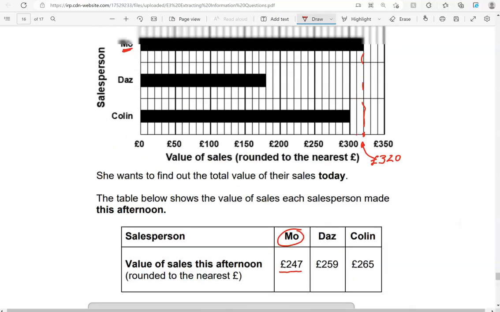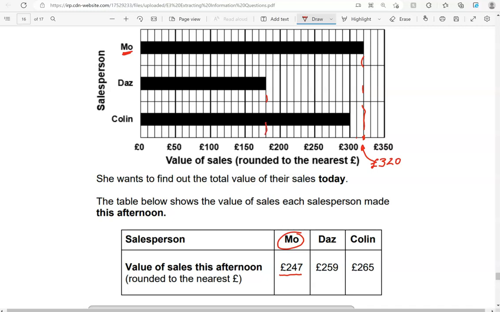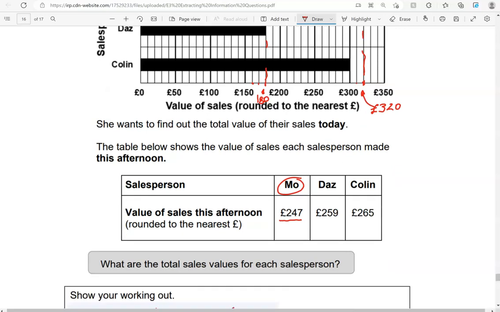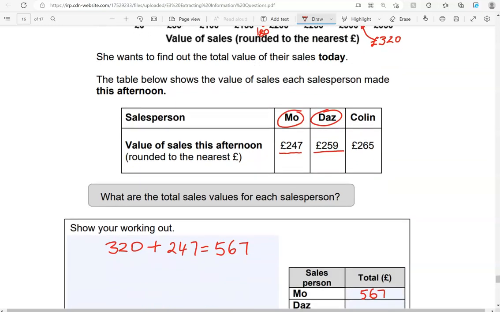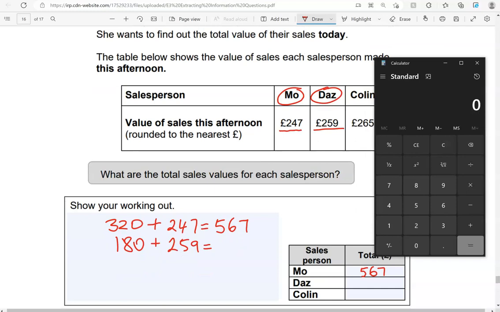Daz, they made between 150 and 200 in the morning, so 160, 70, 80, 180, and 259 in the afternoon. So we can add 180 and 259, which is 439.